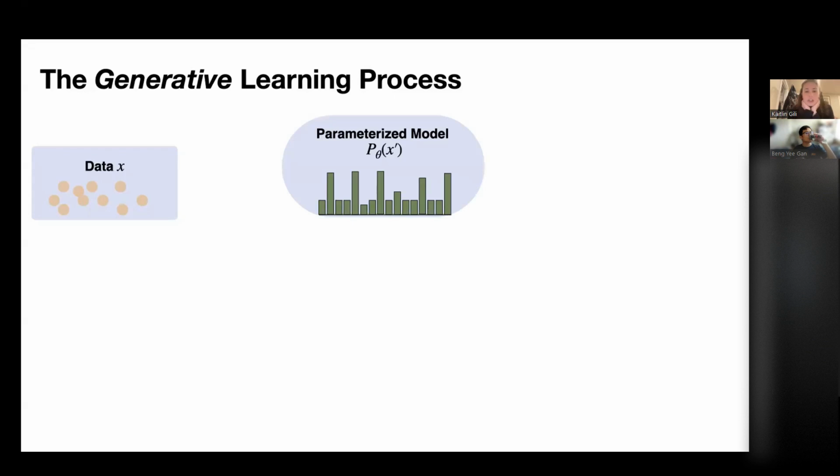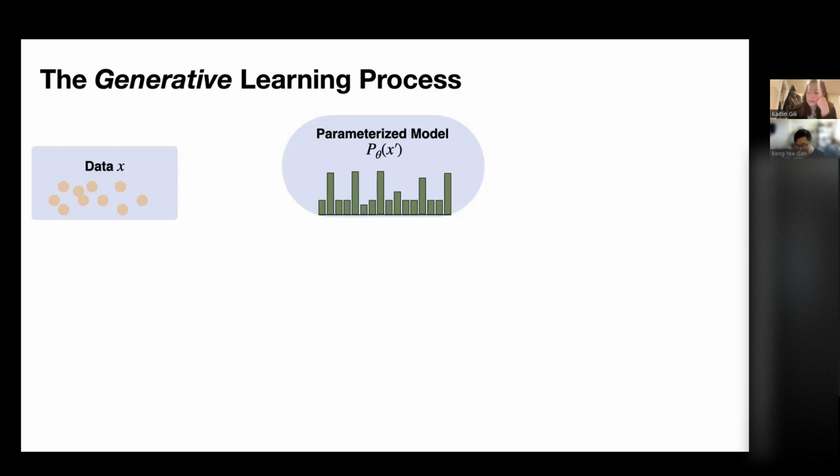Then the goal of a generative model is to approximate a probability distribution over this data. We think of the training data as randomly sampled points from an underlying true distribution that we don't know.